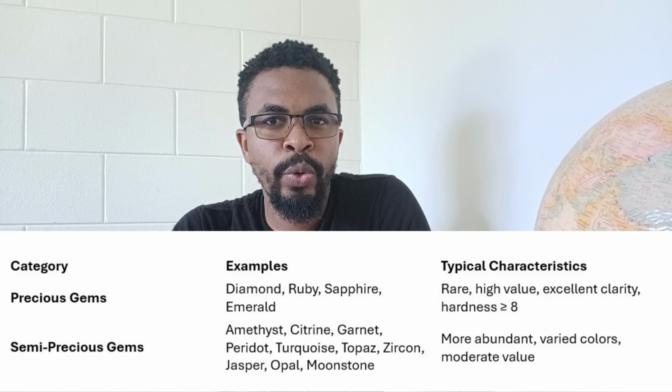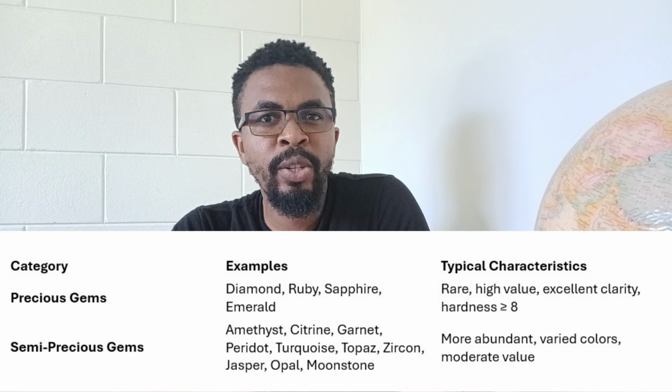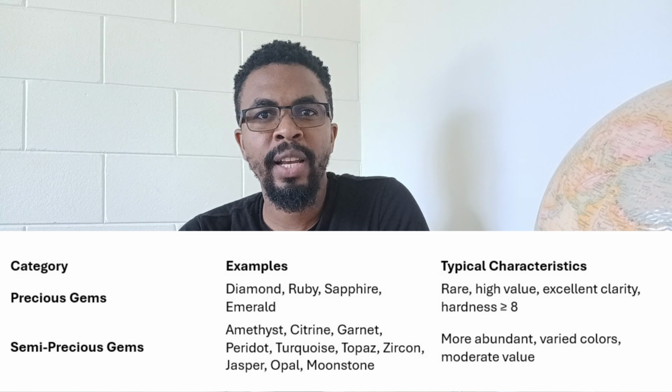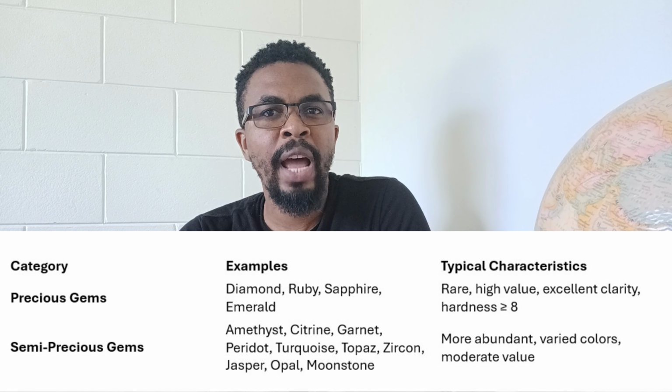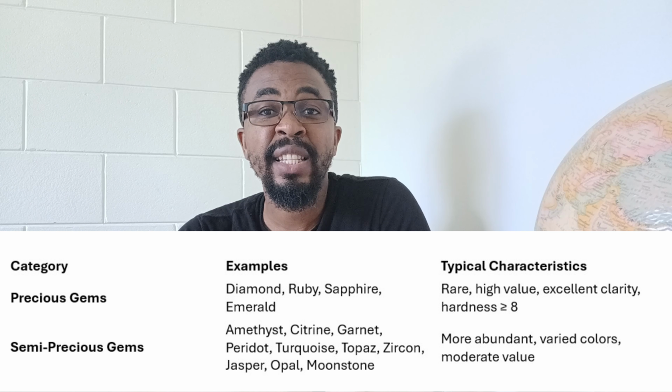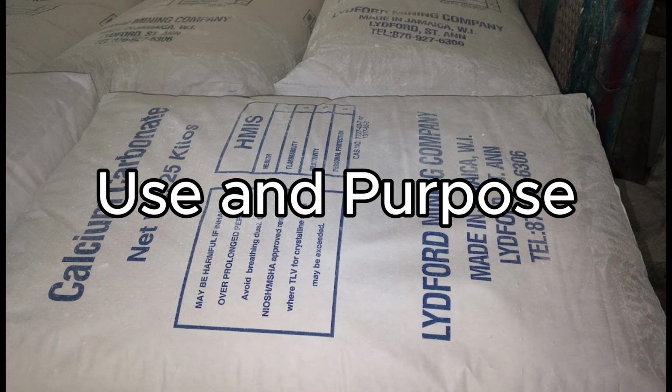But anyway, this isn't a large demographic, and precious and semi-precious are still widely used terms. I will provide a summary graphic on screen here, but precious gems include diamond, ruby, sapphire, and emerald, and semi-precious include amethyst, garnet, opal, topaz, and jasper.